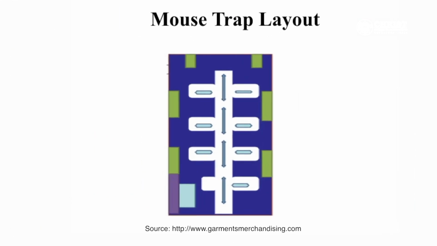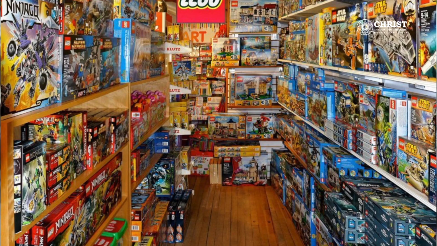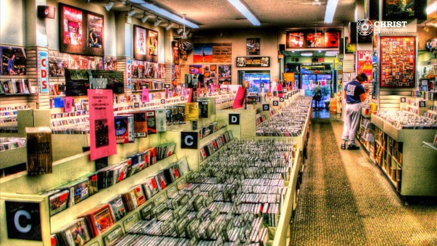Mousetrap layouts are often used in furniture stores or music galleries, and it is considered a traditional style store layout. As you can see here, the image of a mousetrap layout explains the restrictions of space inside the store. Examples of a few retail stores that adopt this kind of layout: Toy Shop in Shub Mall, Noida, Music World and Planetum. Now let's discuss the advantages and disadvantages of a mousetrap layout.